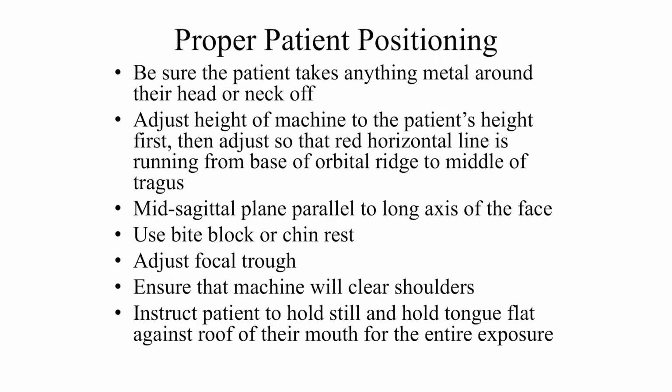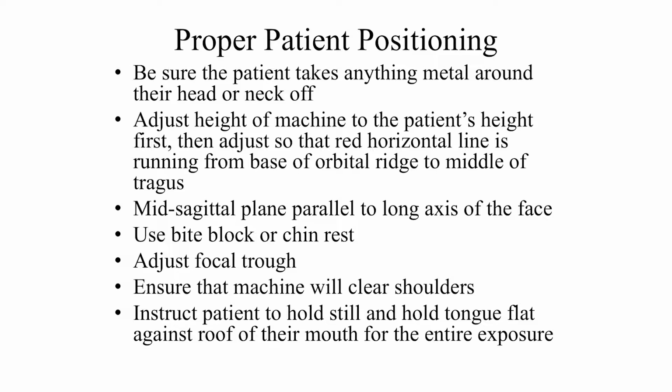If we have patients that just pierced their ears and are unable to take the earrings out, if they have the ones that are put in with a wrench or clamps at a piercing place, then I don't make them take it off. So make sure they take that all off. Adjust the height of the machine so that it lines up with your patient. You don't want them walking in and stooping down and bumping their head on the machine or trying to stand on their tiptoes.